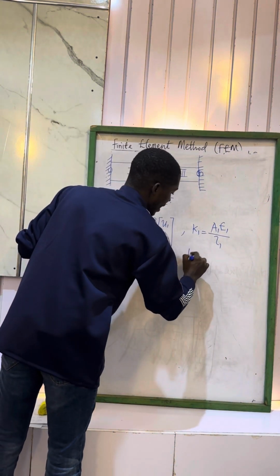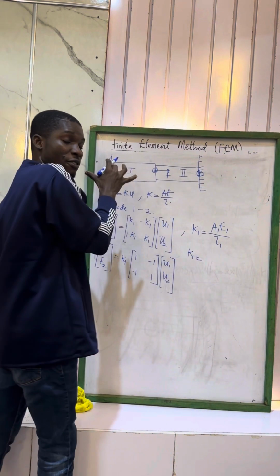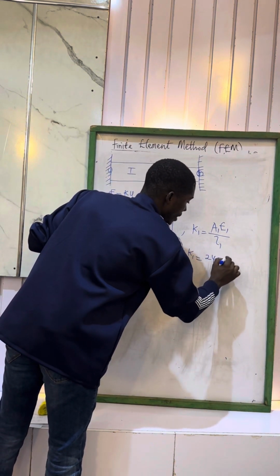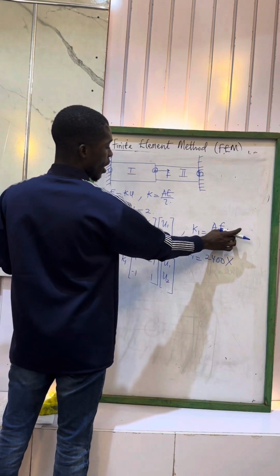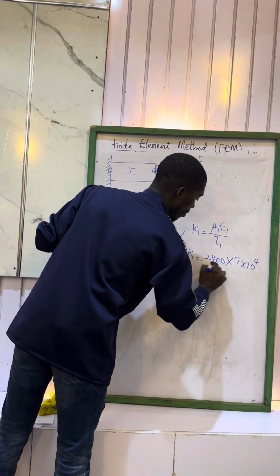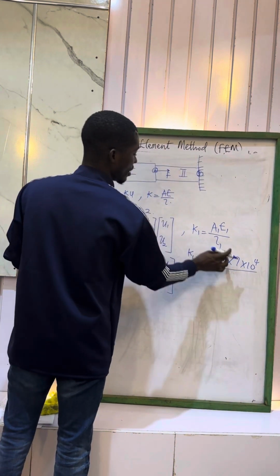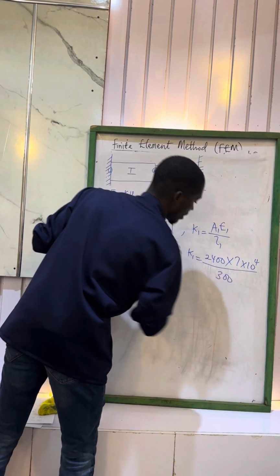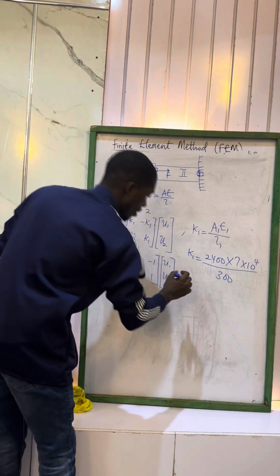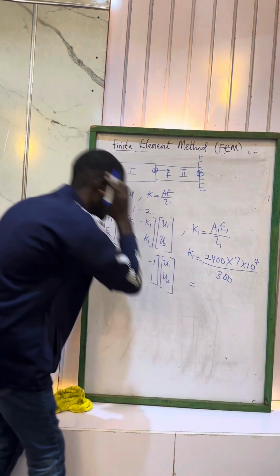So my K1, with the given values, is 2400 times E1, which was also given as 7 times 10 raised to the power 4, over the length, which is 300 millimeter, also given.